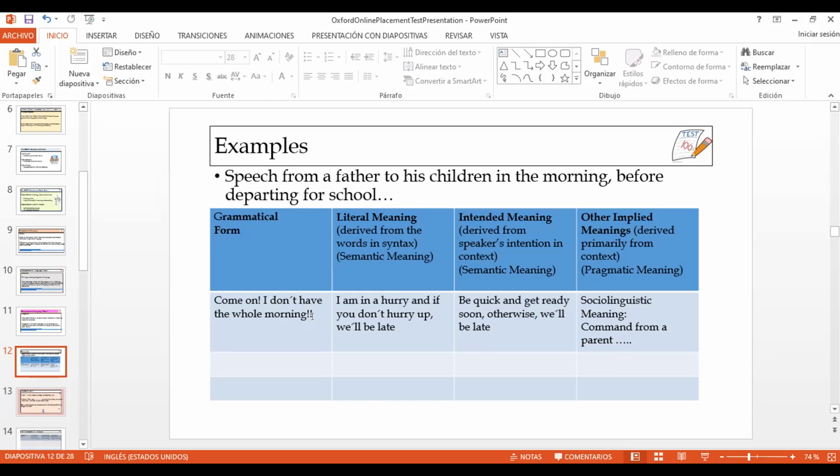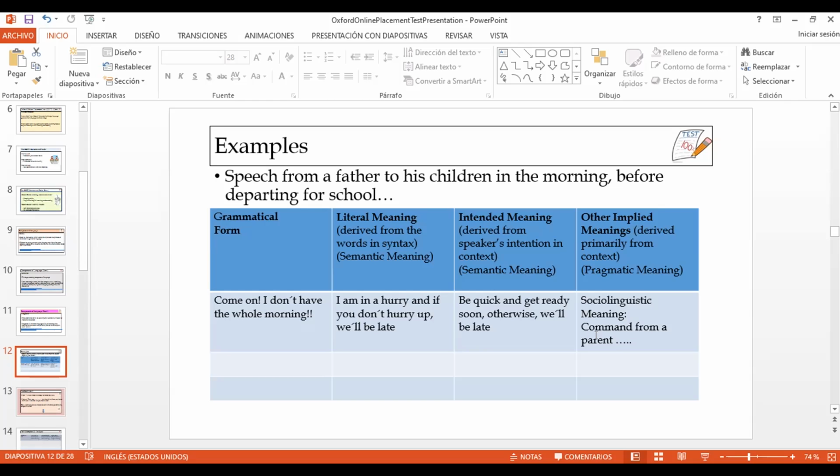Yes, I don't want to be late. So it's a command from a parent to children, even when he's using this negative sentence, trying to diminish the force of the sentence, of the command. Esto es una orden, a command.